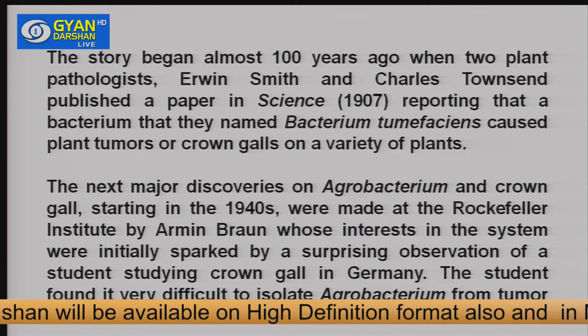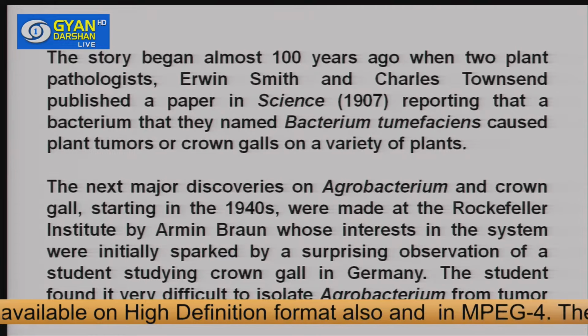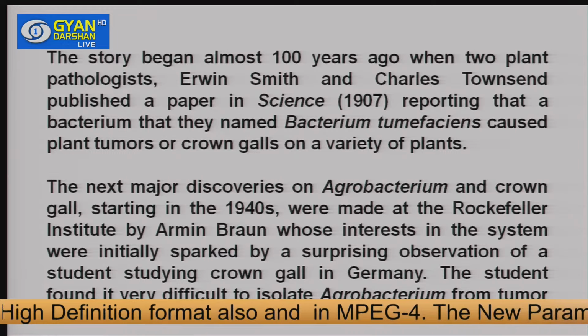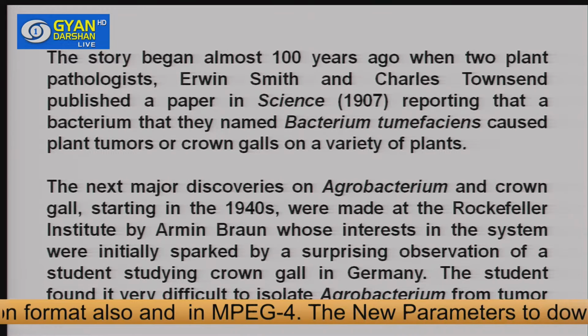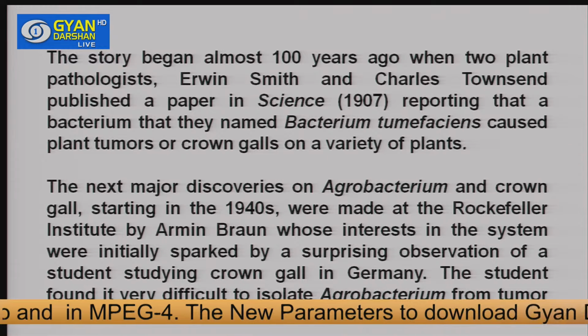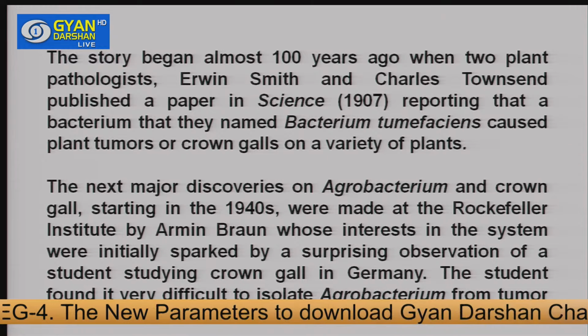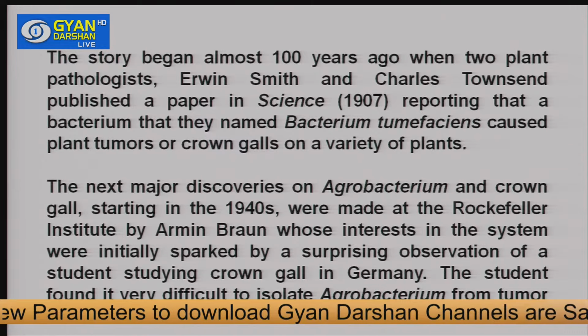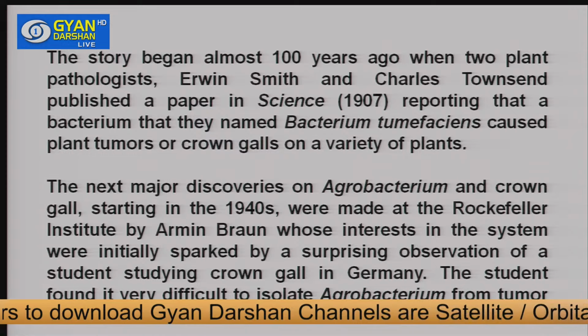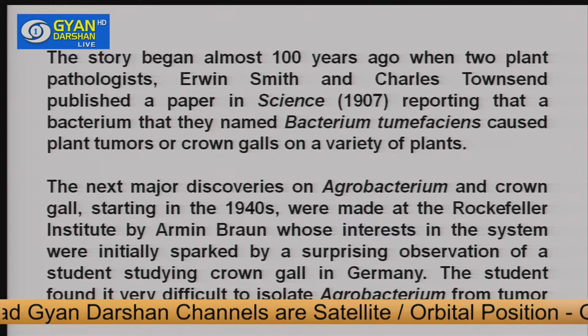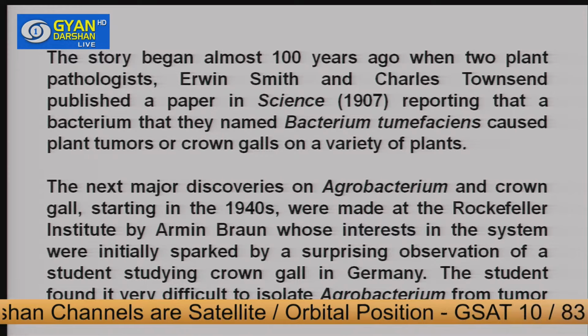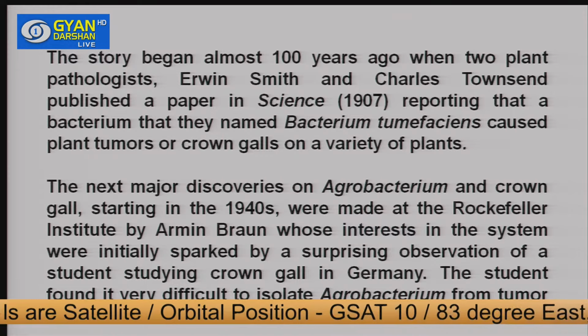The next major discoveries on Agrobacterium and crown gall in the 1940s were made at Rockefeller Institute by Armin Braun, whose interests in the system were initially sparked by a surprising observation of a student working under him, studying crown gall in Germany. The student found it very difficult to isolate Agrobacterium from the tumor tissue.